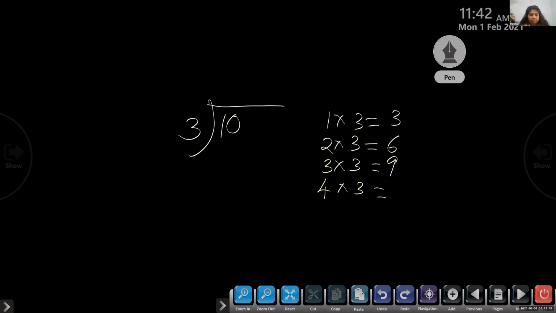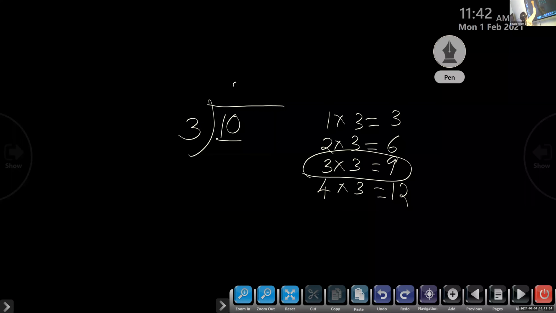Okay, here I have 10. So which one will I take? 3 times 3, 9. Very good. 3 threes are 9, so I will take 3 here. Then what will we do?